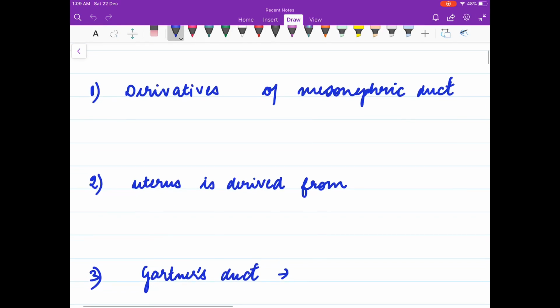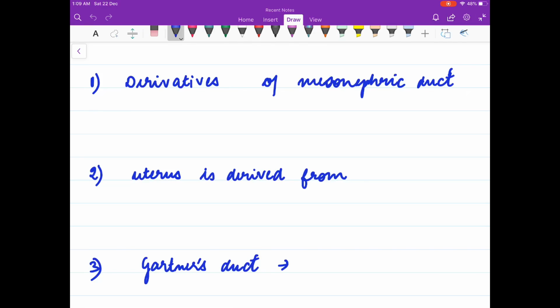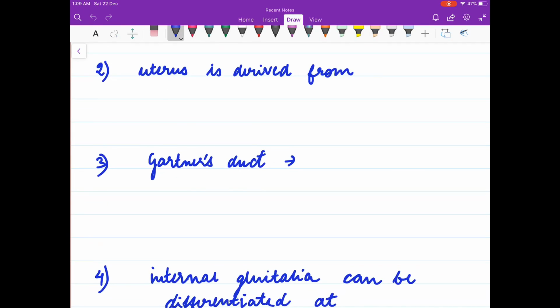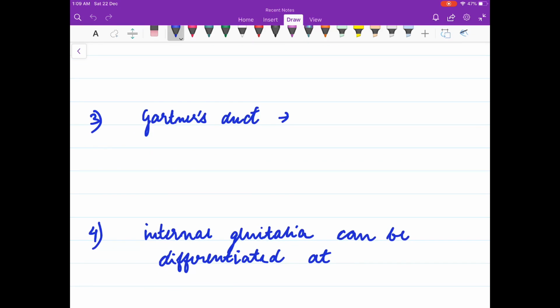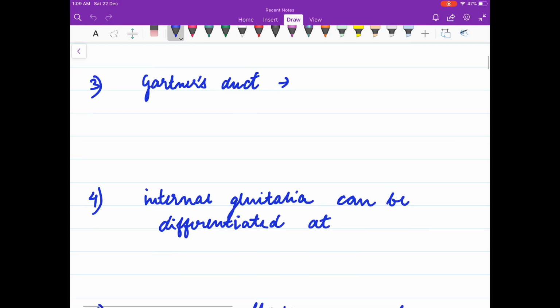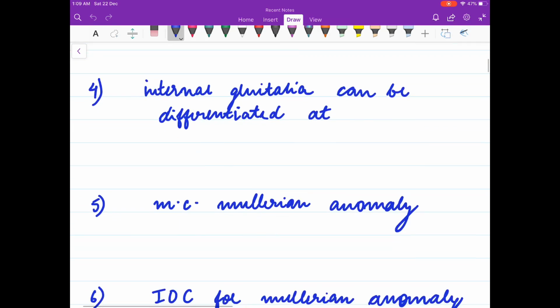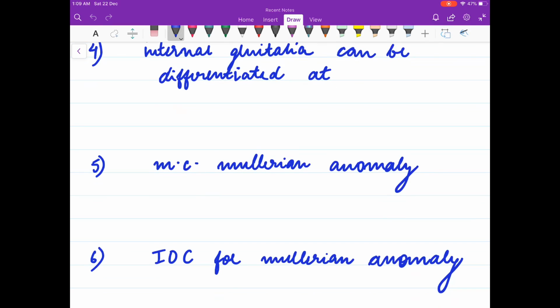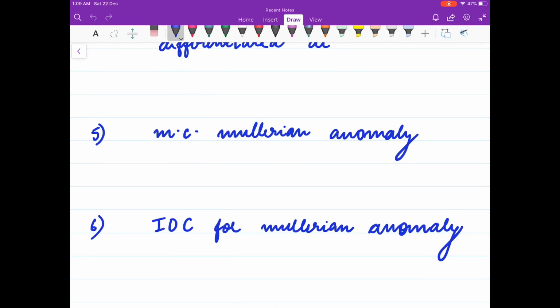Derivatives of mesonephric duct are: mesonephric duct is also called as what? Uterus is derived from what? Gartner's duct is remnant of what? Internal genitalia can be differentiated at what time? Most common Mullerian anomaly?